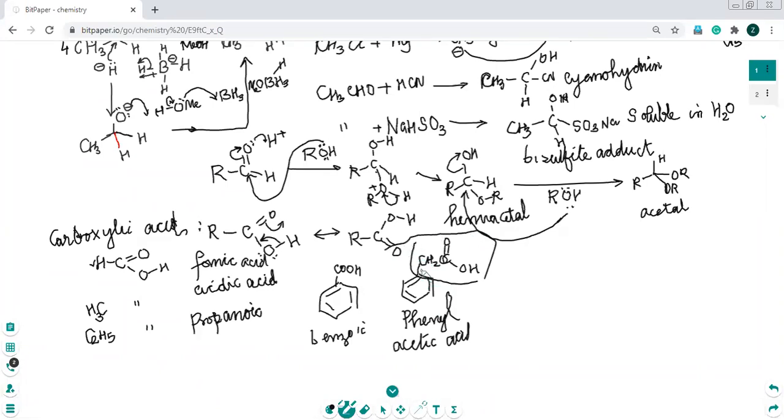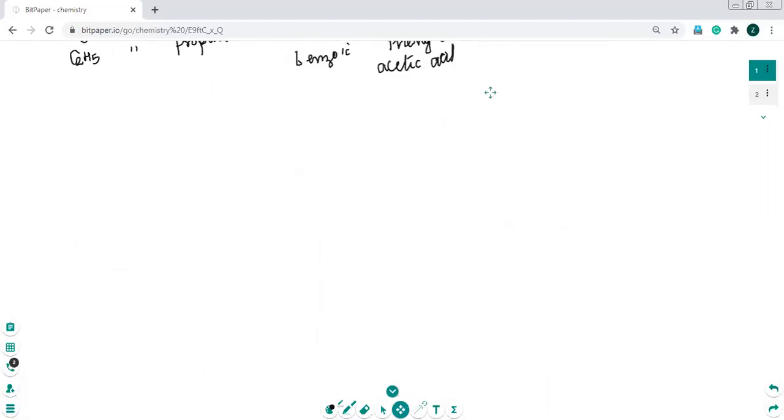So this is a derivative of acetic acid. Okay. Now let us look at the preparation of carboxylic acids.